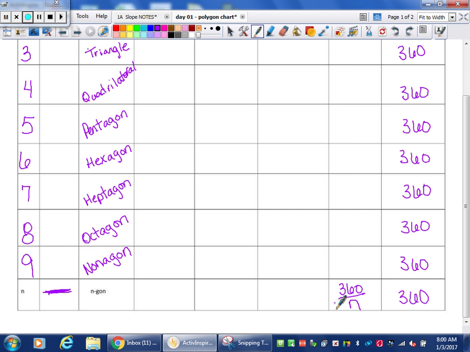So there is my formula. Okay, now you should be able to fill out the rest of this chart on your own. And then if you have questions still on what the last 3 formulas are, please come and see me.